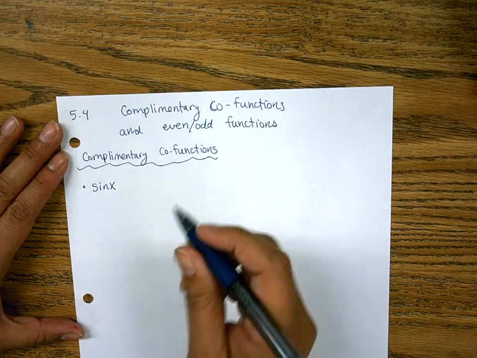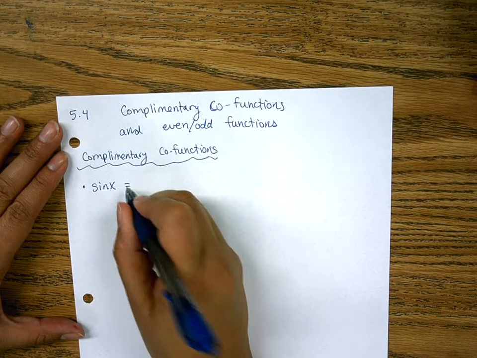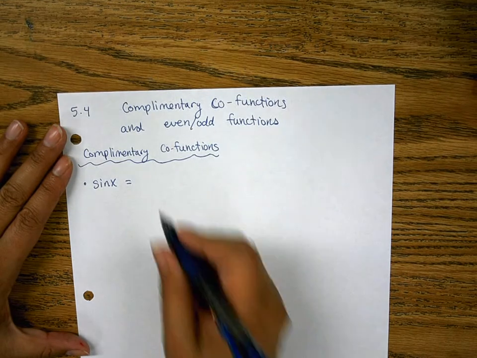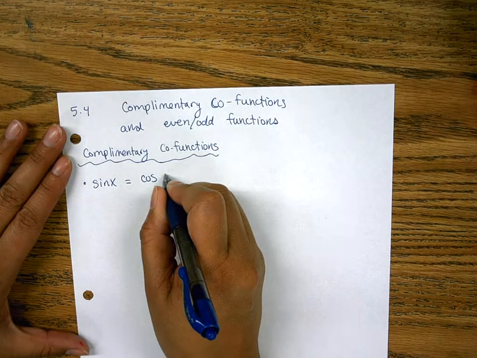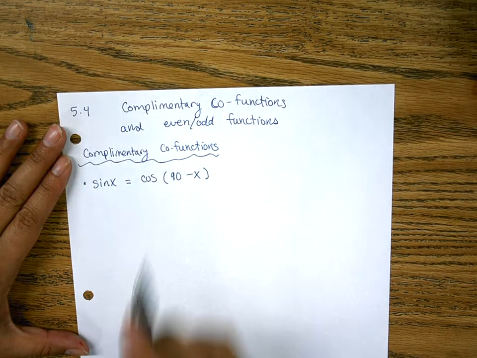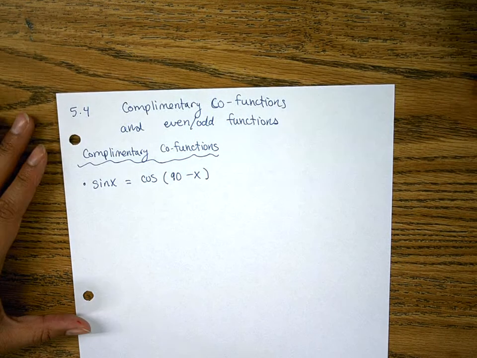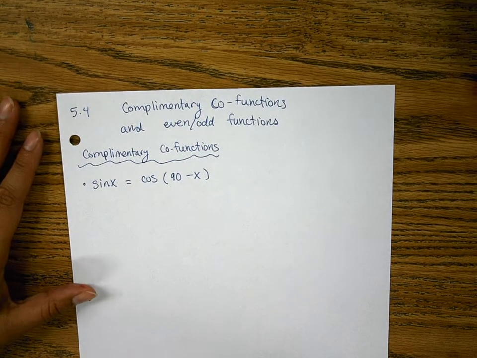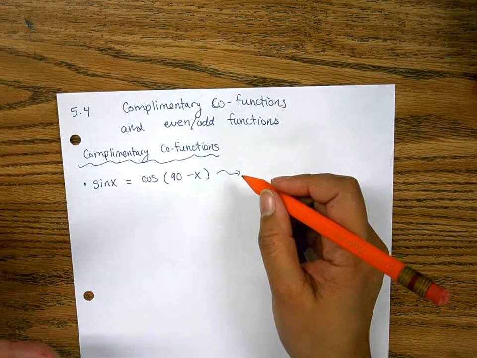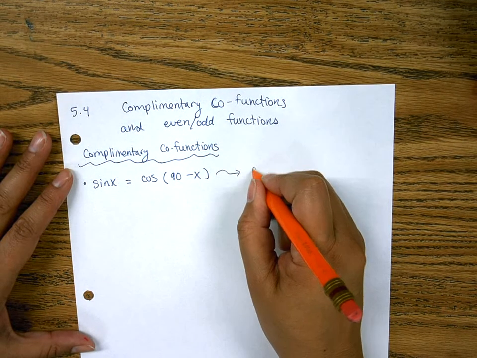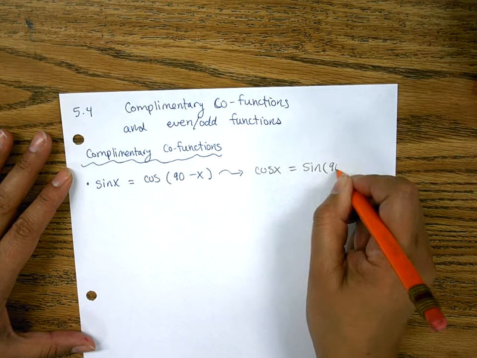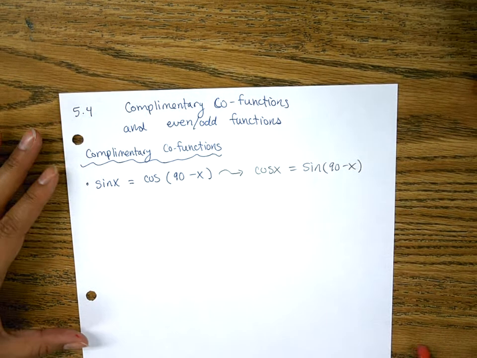Sine of x will always equal cosine of 90 minus x. Remembering 90 is the same as pi over 2. Okay, and it's vice versa. You learned this back in math too, by the way. You may not remember it. Cosine of x will always equal sine of 90 minus x.